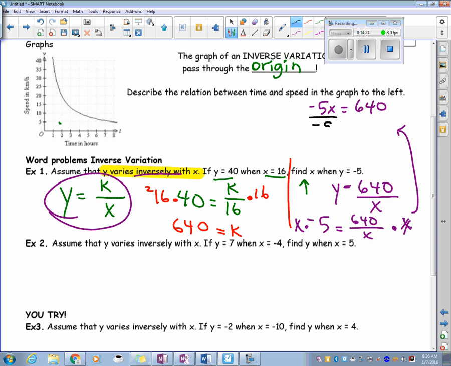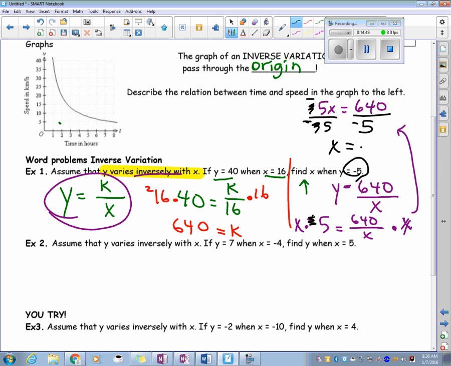It's negative 5. So x is, how many times does negative 5 go into 640? Okay, so it's negative 128.